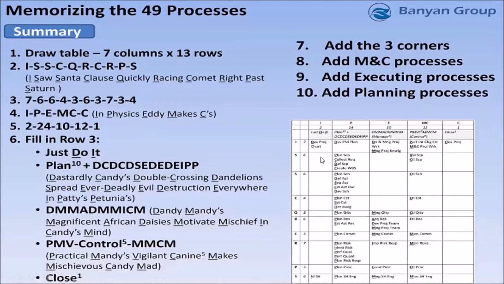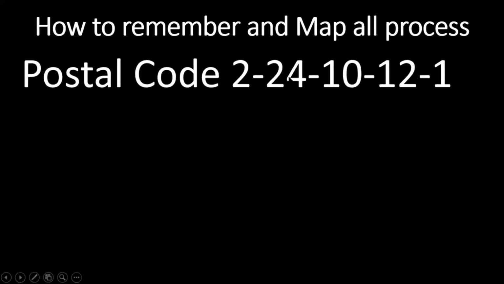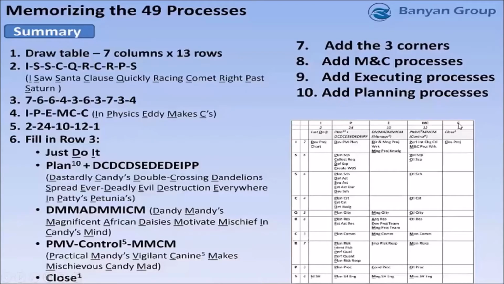Okay, now the next step is to use the postal code 2 24 10 12 1. Write 2 here, 2 24 10 12 1. I have made another way to remember it. Let's start with the closing. Closing has only one. Let's add 1 into 1.